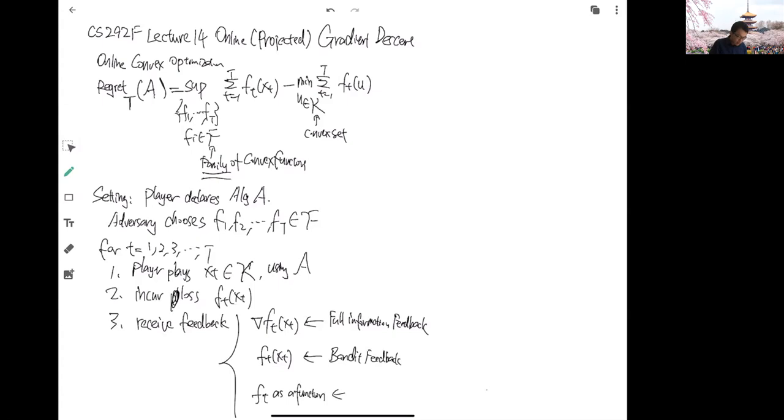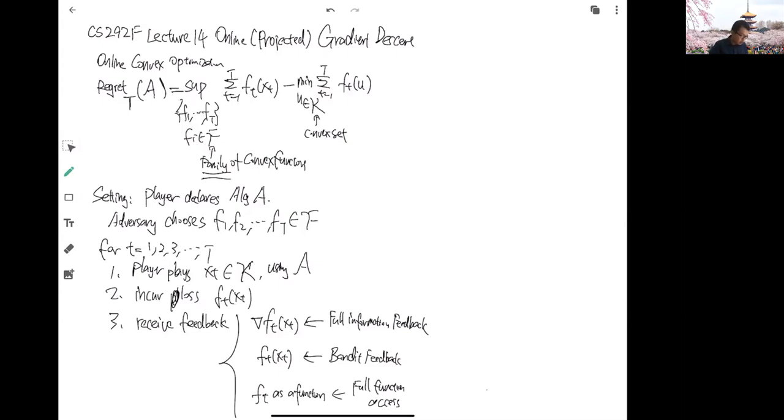I call this, I guess, full function access. The difference between full function access and full information feedback is often not great for online convex optimization problems. That's the reason why having access to the gradient itself is often already sufficient for us to think about how to solve this problem.